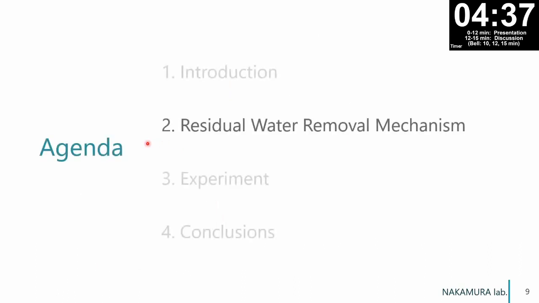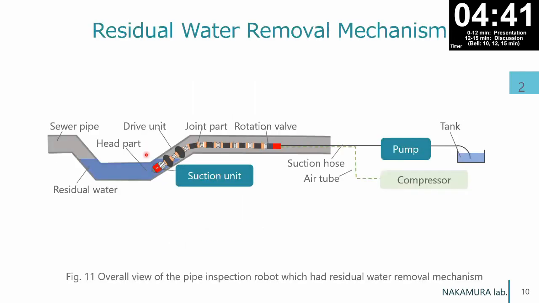Second, I'd like to present the residual water removal mechanism. An overview of the inspection robot mounted with residual water removal mechanism is shown in figure 11. The residual water removal mechanism consists of a water suction pump and a water suction unit.